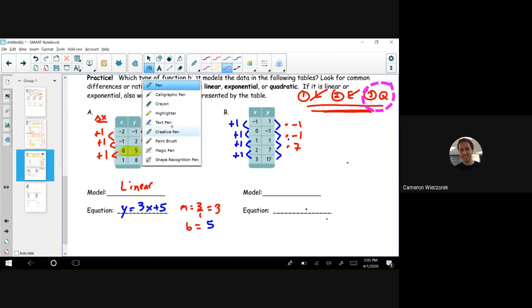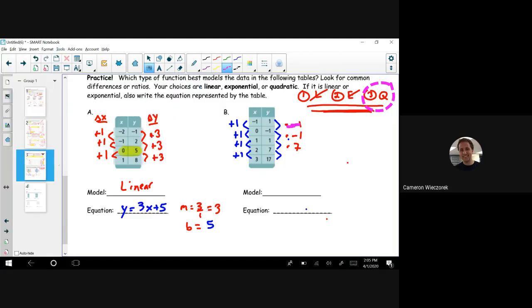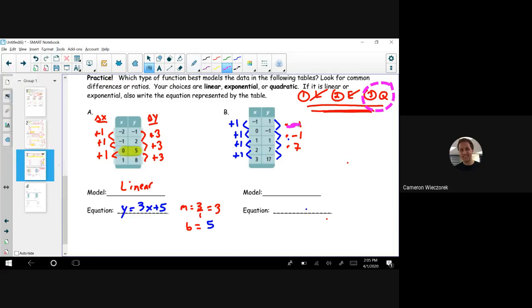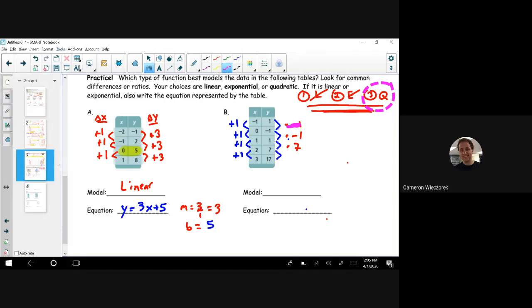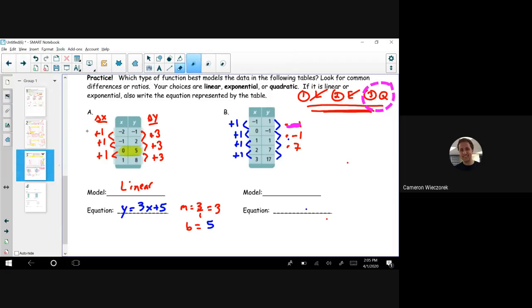In order to check if it's quadratic, remember, we're going to have to look to see if there's constant second differences instead of constant first differences in the y values. So I kind of already started doing this before for the first differences.